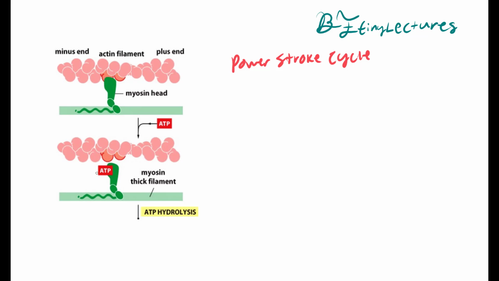However, when ATP binds to the myosin head, the head dislocates from the actin filament. So ATP binds to myosin, and when it binds to myosin, the myosin releases actin.